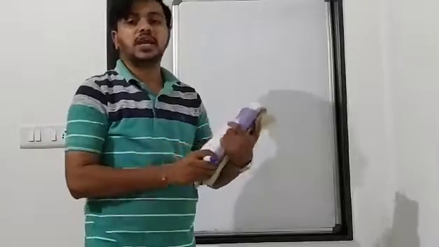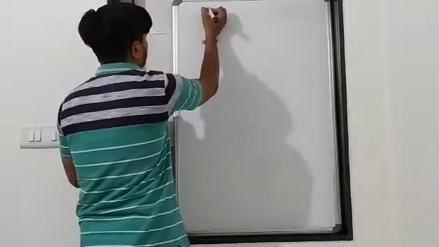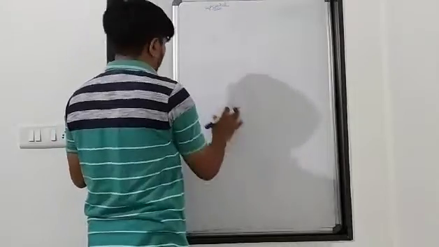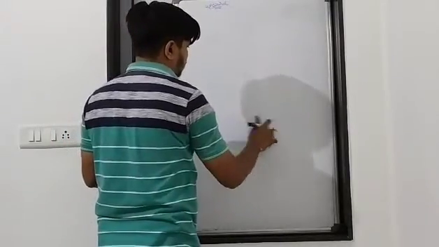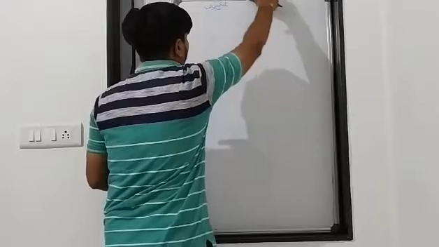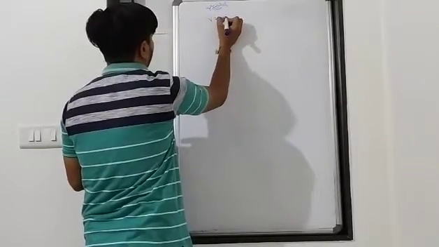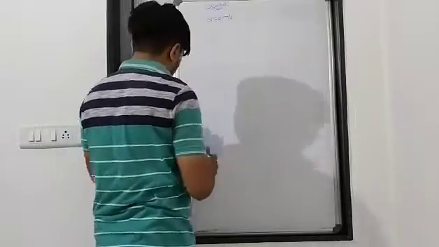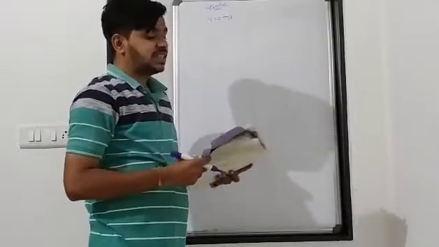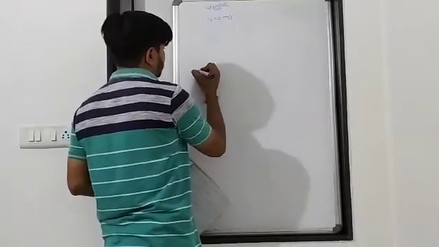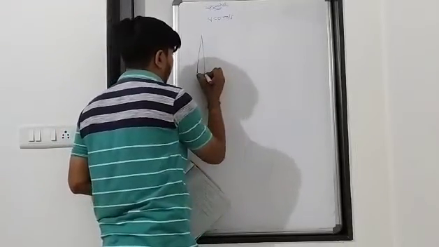But I am just giving you what is given in this example. The one object is moving in the upward direction, so according to the upward direction, its final velocity is 0. So v is equal to 0. After 6 seconds it comes back, which means the object moves upward and comes back.